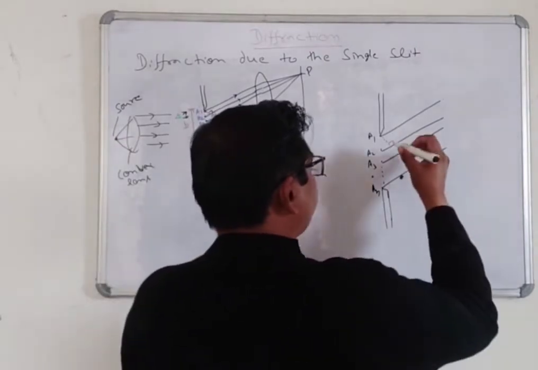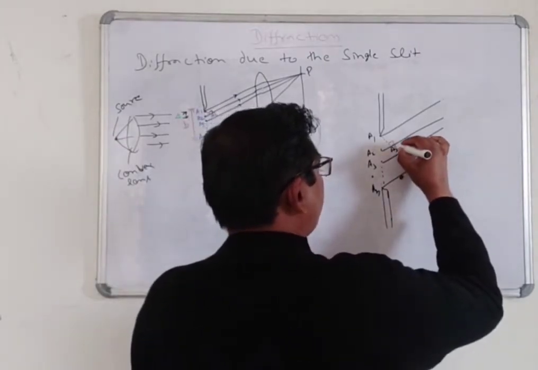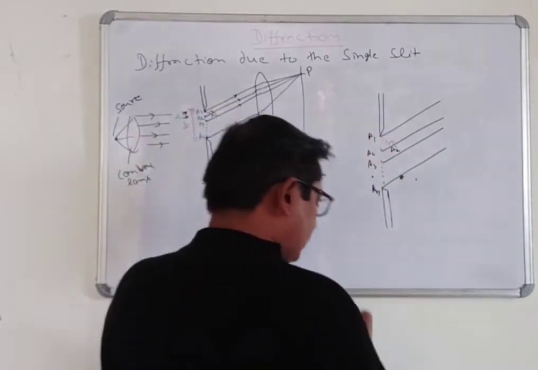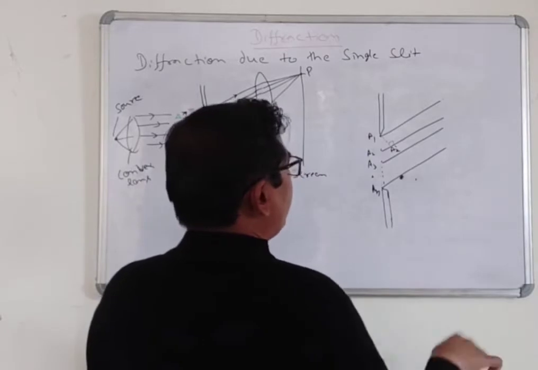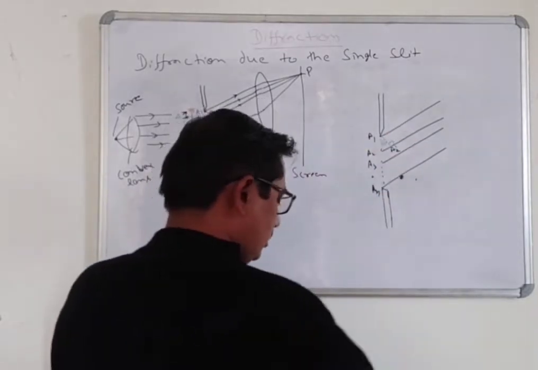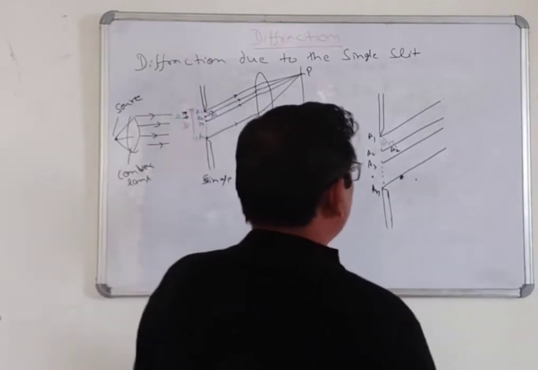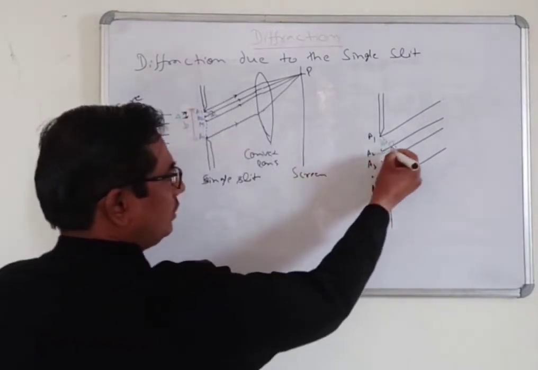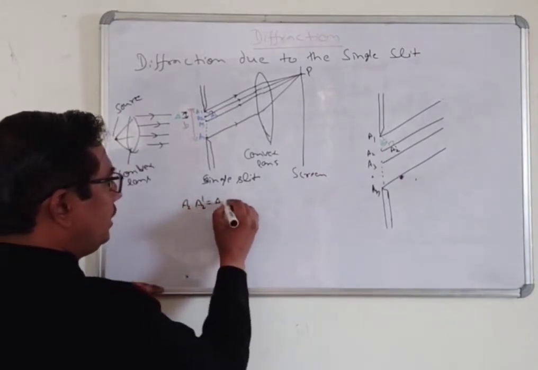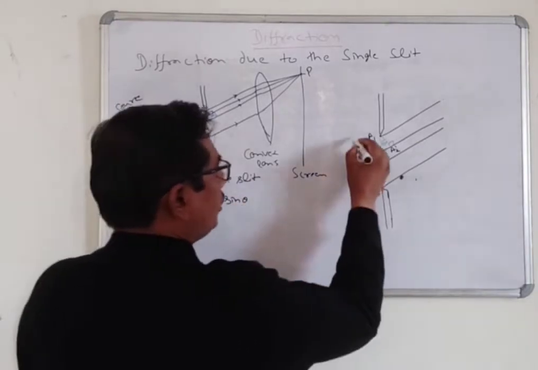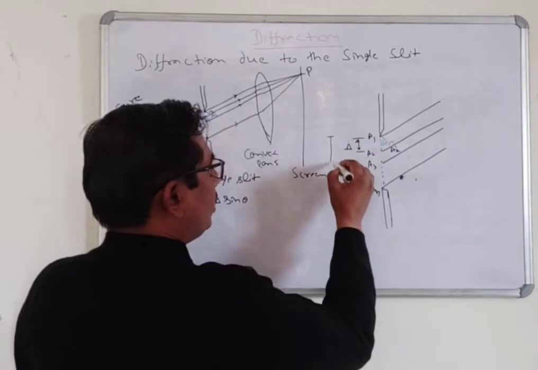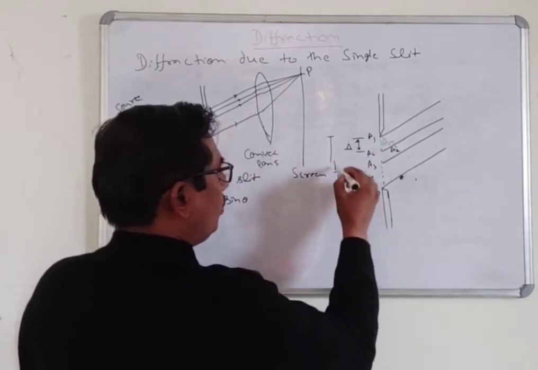Here will be a point A2 dash. Now suppose that here will be an angle theta. You can write the value of A2 A2 dash as delta sine theta, because you know that this difference is equal to delta, and the width of the total opening is small b.